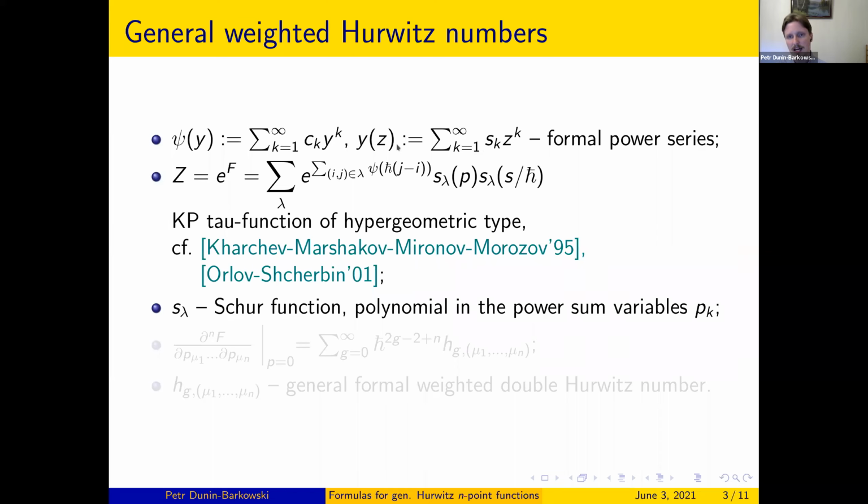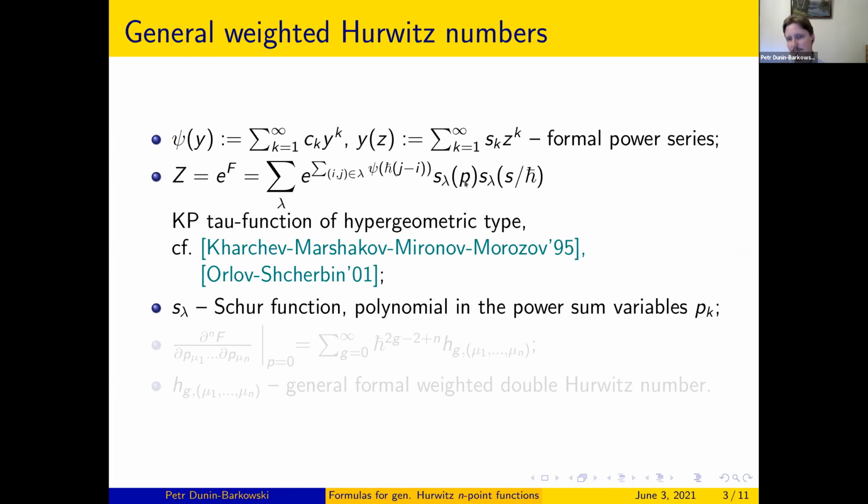Then after we fix these formal power series, c_k and s_k are collections of just numbers, and then we can consider the following thing. Here, the sum goes over all Young diagrams lambda, including the empty one. And here, s_lambda of p is the Schur function, which is a polynomial in the power sum variables p_k.